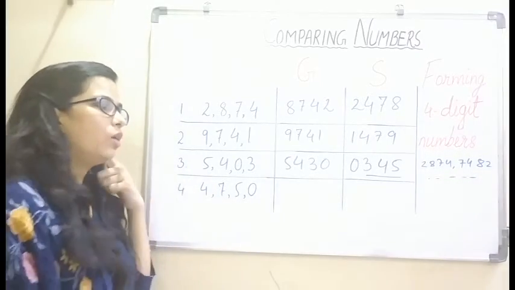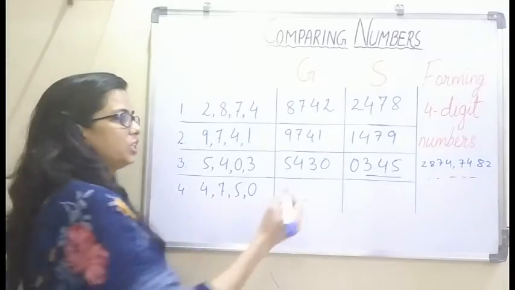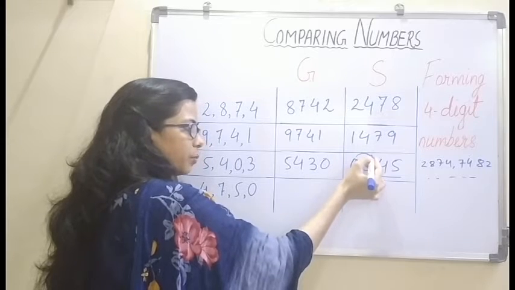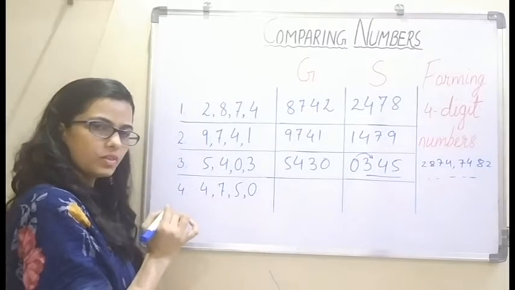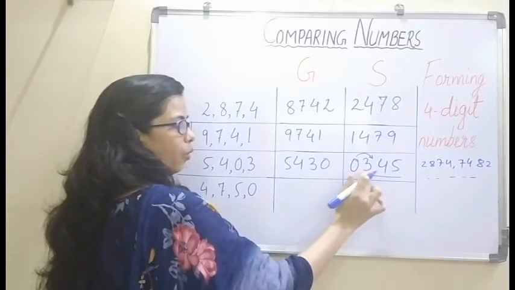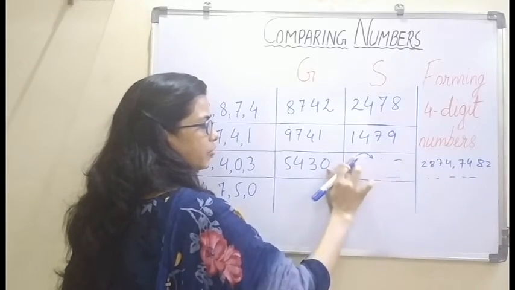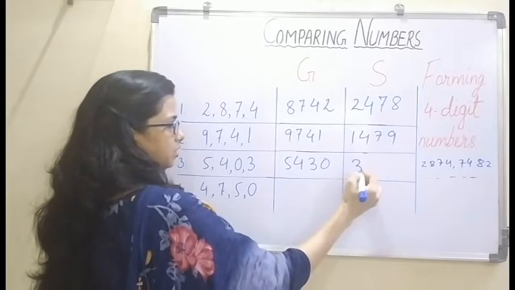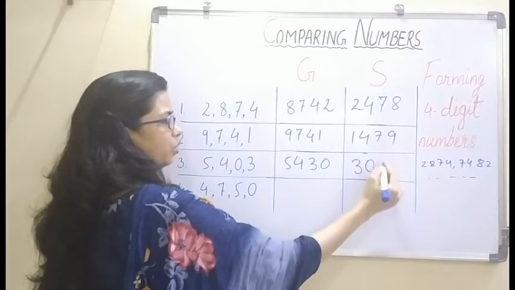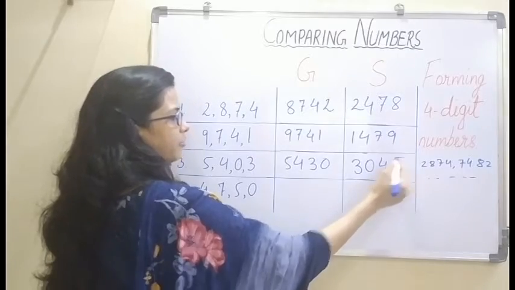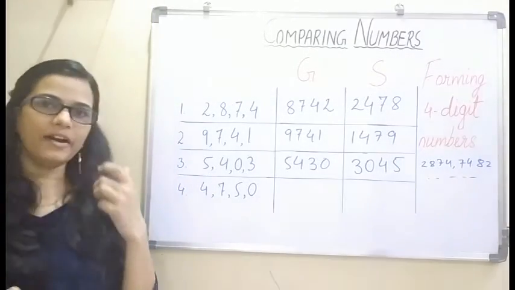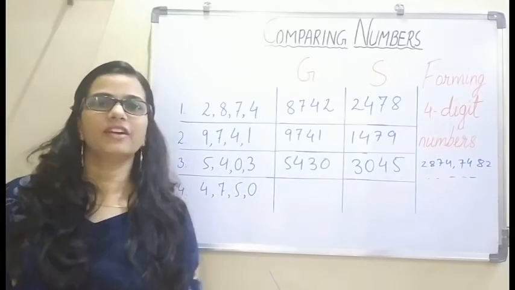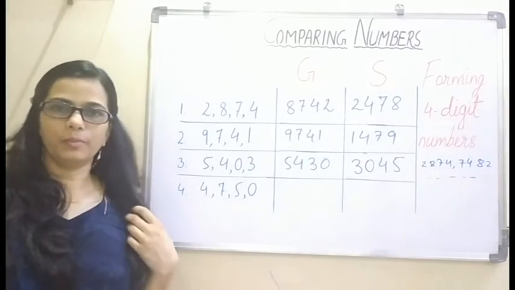So what do we do now? In that case, we shift 0 to the next place. So we write the smallest number as 3, 0, 4 and 5. So here we have 3045 as the smallest number.